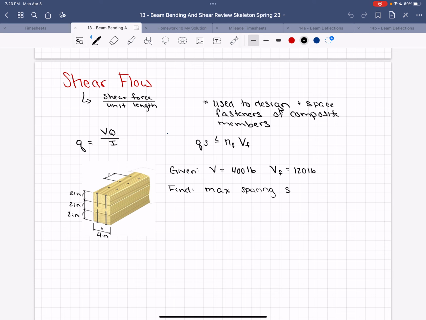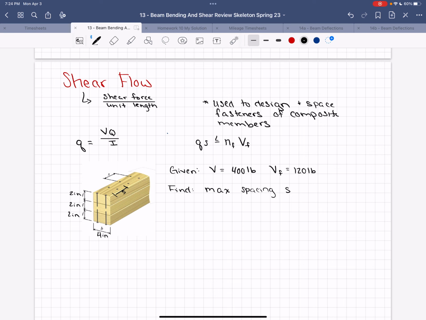That's the shear force, times big Q, which is the first moment of the area, all over the moment of inertia. And then we have this equation where shear flow times the spacing has to be less than or equal to the number of fasteners in a certain area. So that would be, again, this kind of like tributary area of S. In this situation, our number of fasteners is going to be 2.